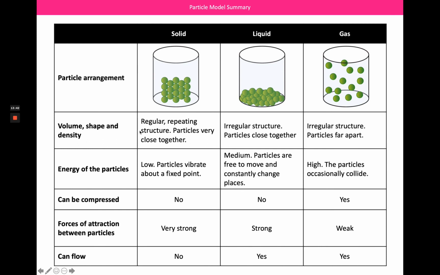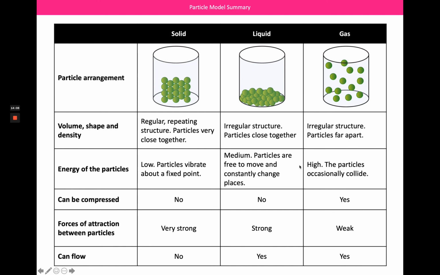So I've just mentioned some of the things in the volume, shape and density just then. So these are just different ways of describing that. If we were talking about the energy of the particles, and we'll understand this a little better in the next video when we look at the particle model and changes of state, we would describe the energy of the particles in the solid as being low, in a liquid as being medium, and in a gas as being high.